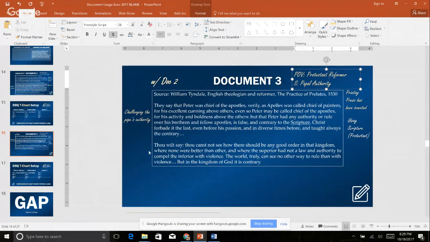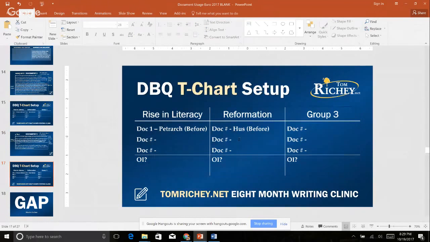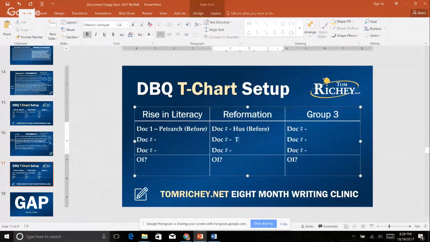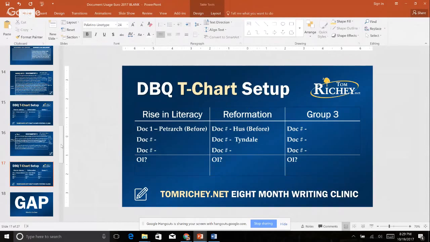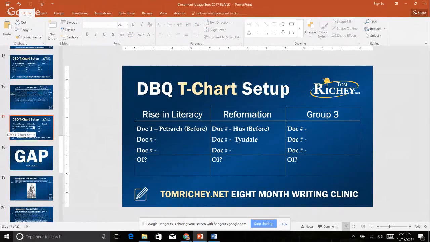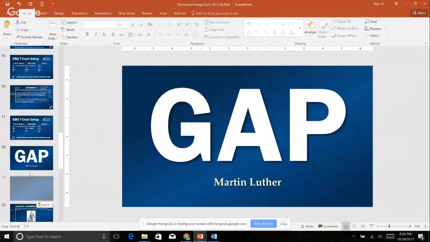We're going to get into more of that in another broadcast. So what I'm going to do here is note that we've got Tyndale, who is now using the printing press to spread the Reformation. Another thing I want to note is that we have a gap, and they're going to leave intentional gaps here. We've got another session where we'll focus on outside information and using that effectively.